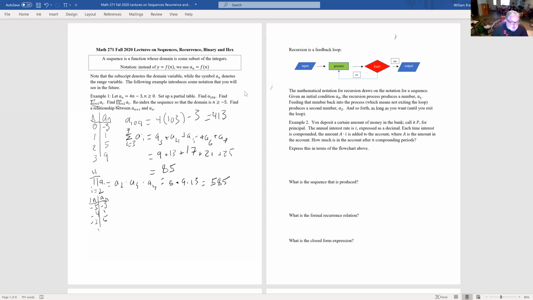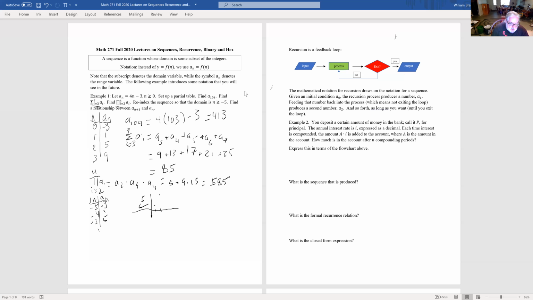Well, if we think about this just as a function, what's the graph of this function look like? At n equals 0, y is minus 3. At n equals 1, y is 1. At n equals 2, y is 5, etc. Right? So those are points in our sequence: 0, 1, 2, minus 3, 1, 5. And what we want to do is move this 5 units to the left.